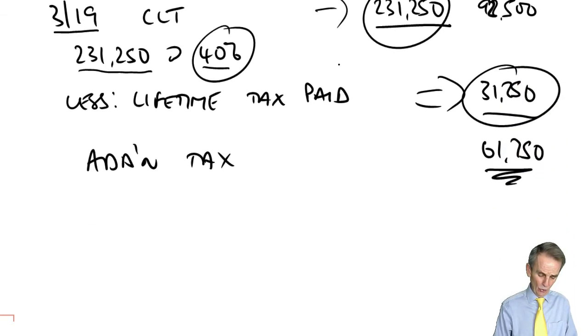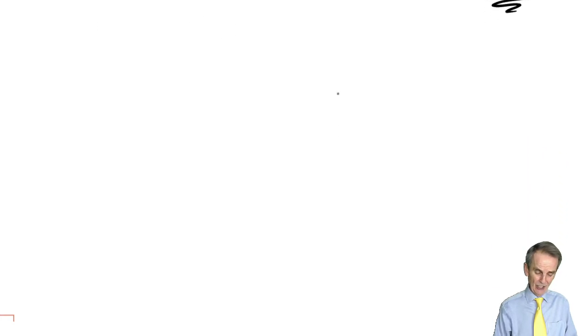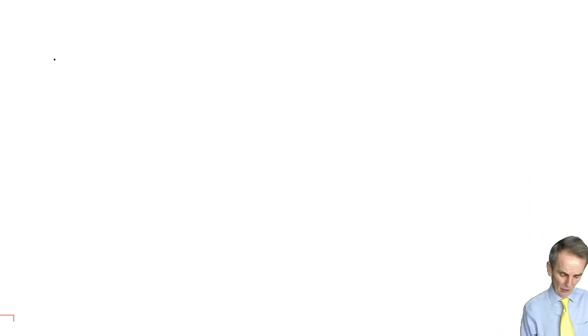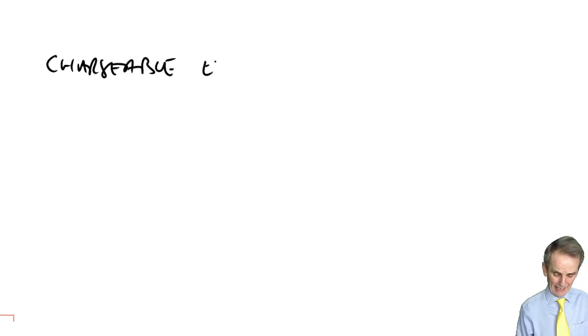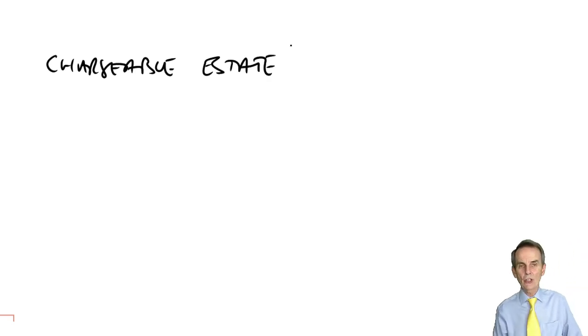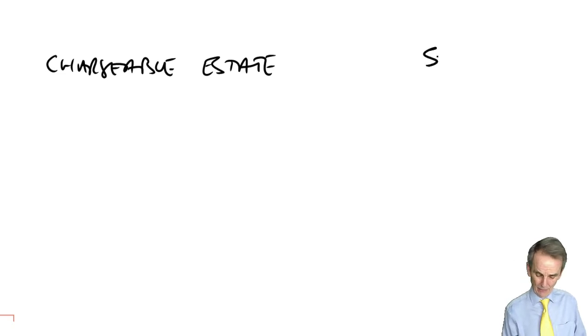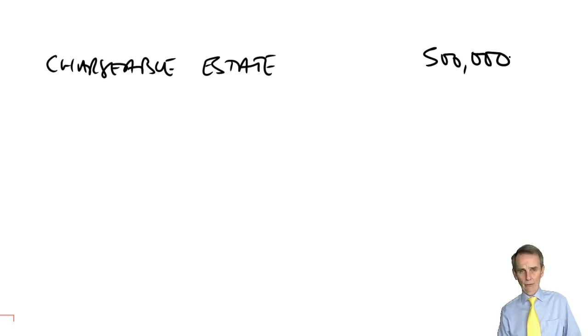So what we know is that all of the chargeable estate is to be taxed. That chargeable estate, as we have said, this is the chargeable estate at death on this computation for the tax on death on the chargeable estate. That was 500,000. So all I need you to do, therefore, is calculate the tax on it. So I'll pause here just for a second while you compute the tax on that.